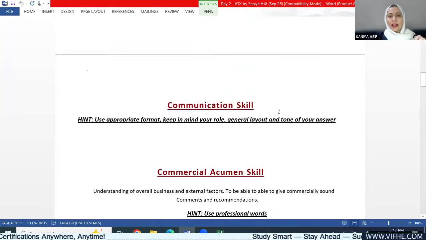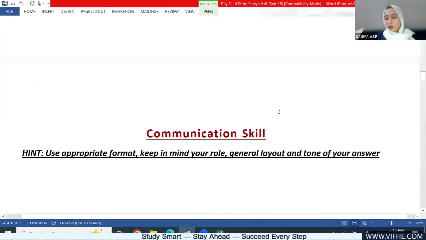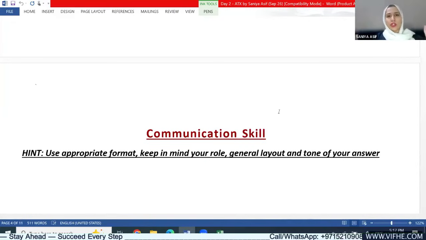And then there is one more skill, which is about communication skill, the tone, the layout, the format, the way you are presenting your answer. With section B, this skill is not going to be tested because it's always the answer that you are straight away putting in order to address a certain situation. But with section A, yes, they will ask you to make a report or a memorandum, and be very careful.